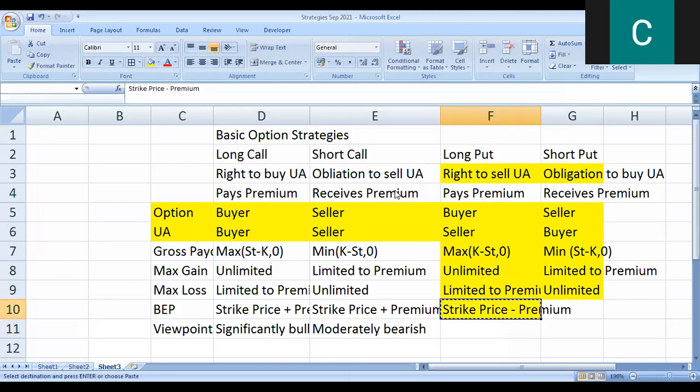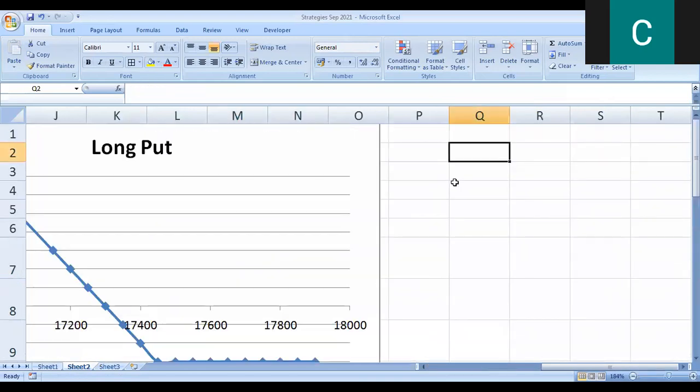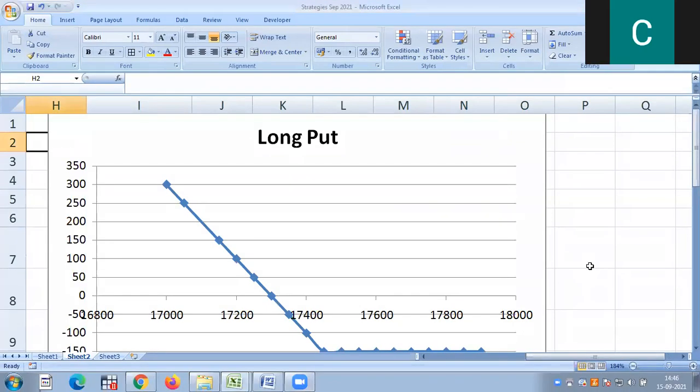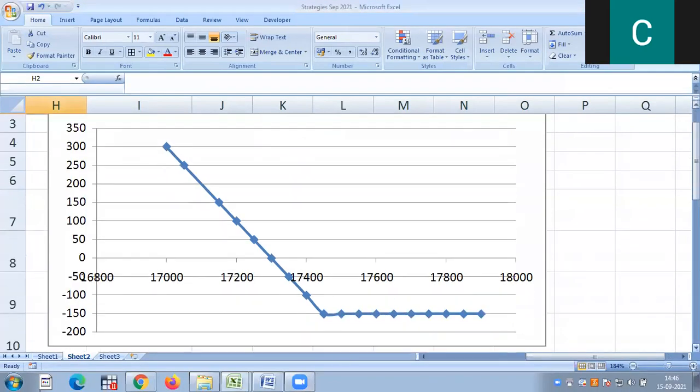Now tell me, what is the viewpoint? If you recollect the payoff diagram, you can easily say. This is the long put position. Is it bearish or bullish? When are you in the profit zone? When the market is bearish, you are in the profit zone. When the market is bullish, you are in the loss zone.